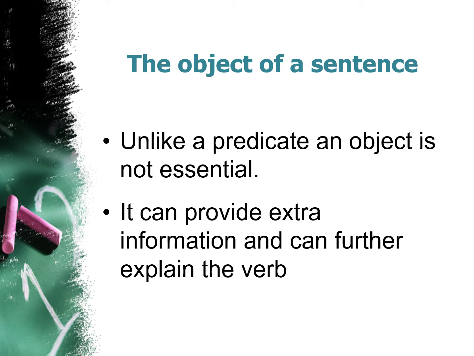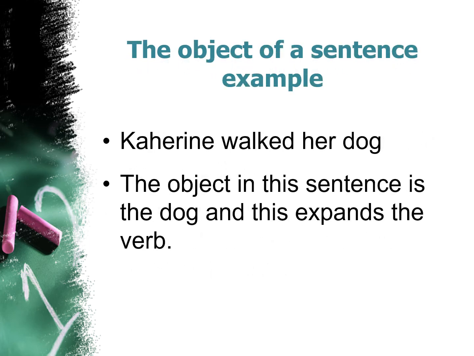They are helpful though because they further explain the action of the verb. The object of a sentence example here, Catherine walked her dog. The object in this sentence is the dog, and this expands the verb, walking.